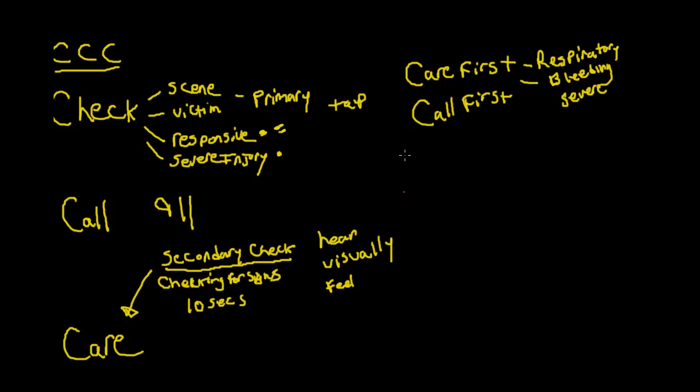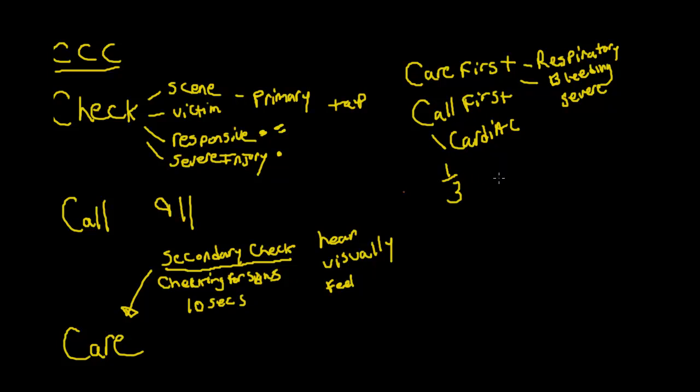Now, call first situations tend to be cardiac in nature. That's mainly because the care we give, CPR, is only delaying, just trying to give them more time. With CPR, you're only pumping about a third of the normal blood flow around, and we'll talk about this later when we get to the CPR chapter.